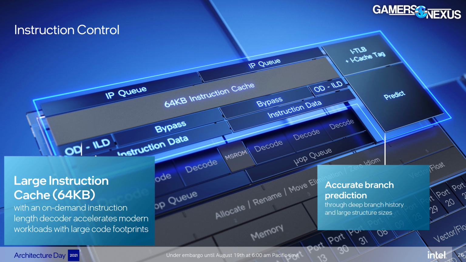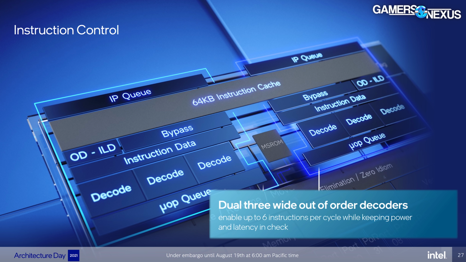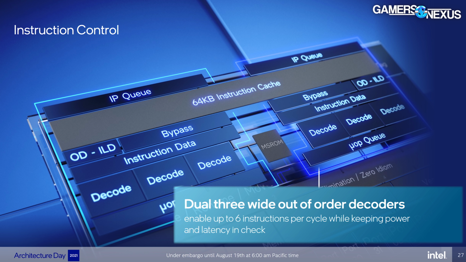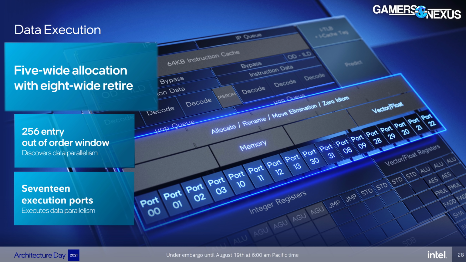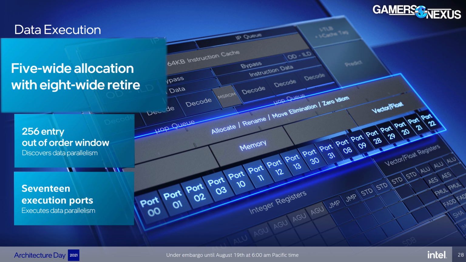and that generates pre-decode information to help accelerate large code footprint workloads. Then there are also clustered 3-wide out-of-order decoders that enable decoding of up to 6 instructions per cycle. And as we move through to the data execution portion of the core, there's a 5-wide allocation block and an 8-wide retire area.